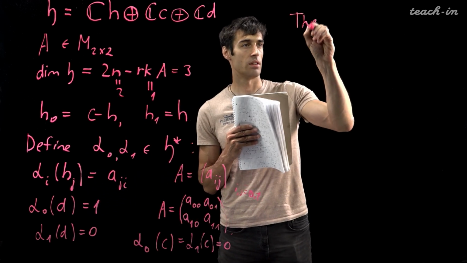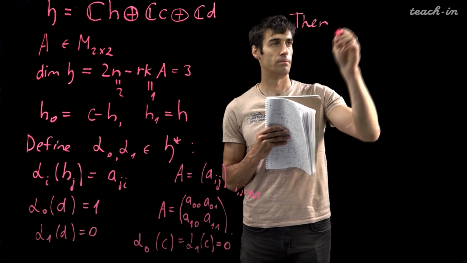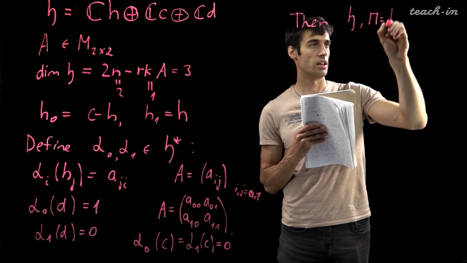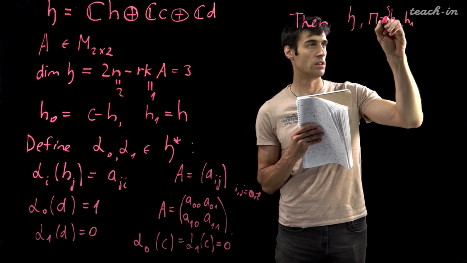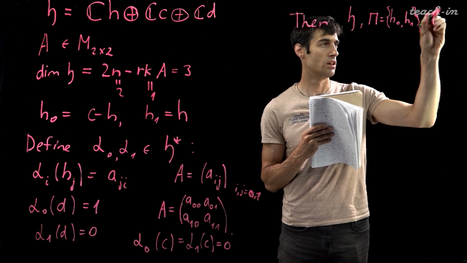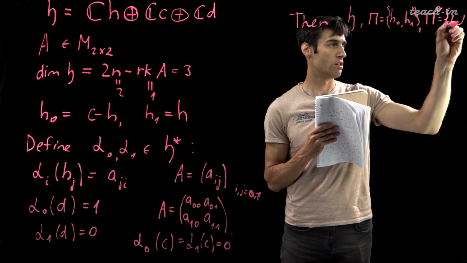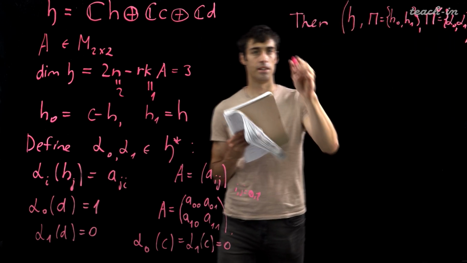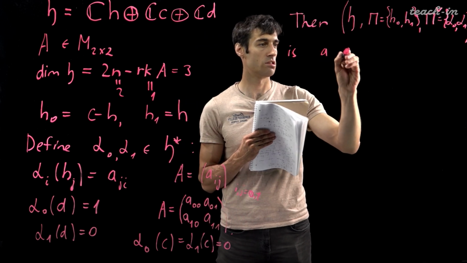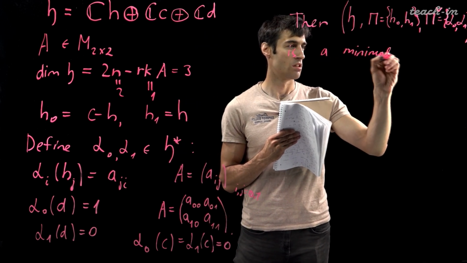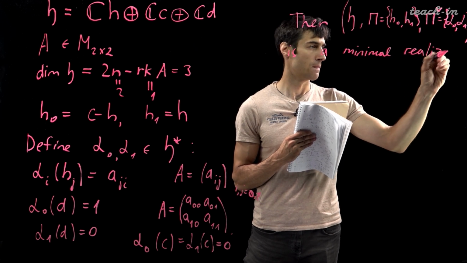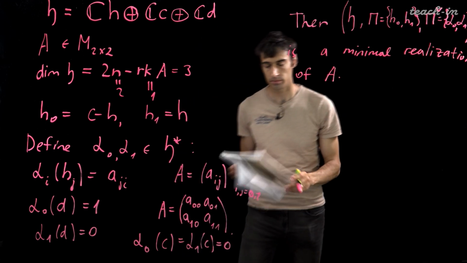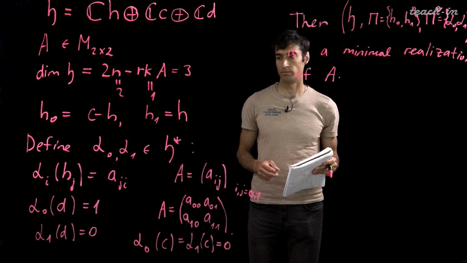Okay, so then I claim that H, then pi, which is H0, H1, this set, and pi check, which is alpha 0, alpha 1, so this triple is a minimal realization of A. Yes.